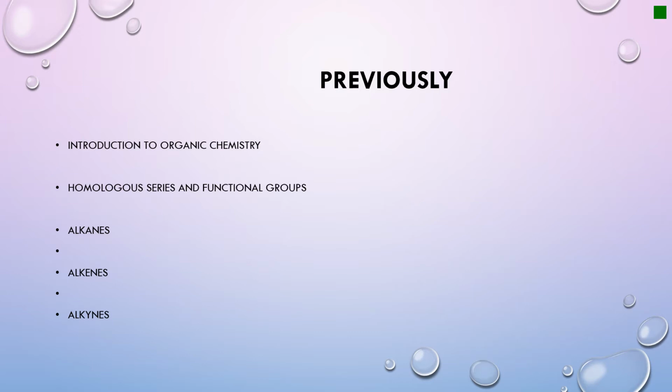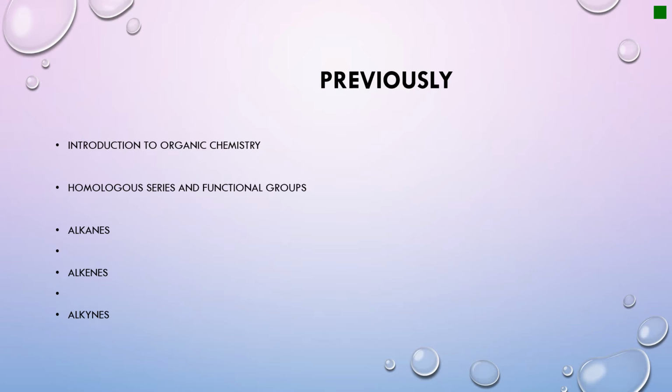Alkenes are unsaturated hydrocarbons composed of carbon and hydrogen atoms but having at least one double bond. And alkynes are unsaturated hydrocarbons which contain at least one triple bond.